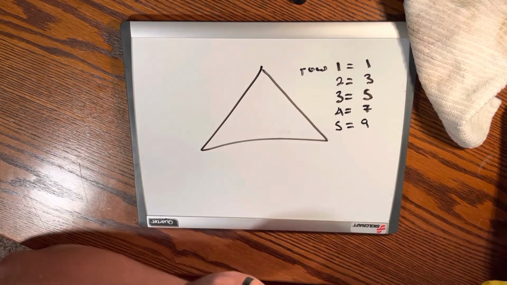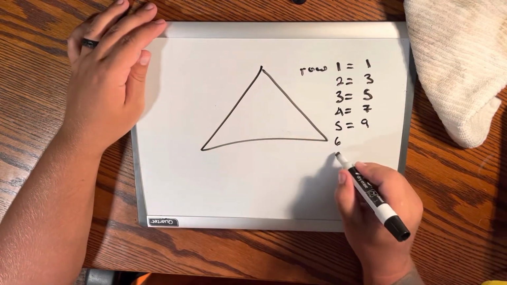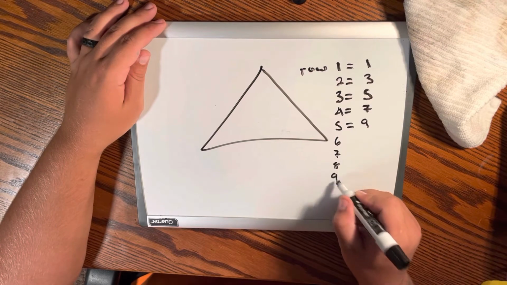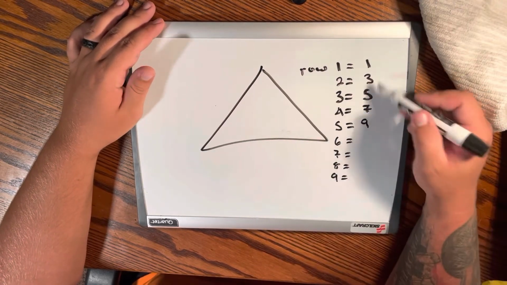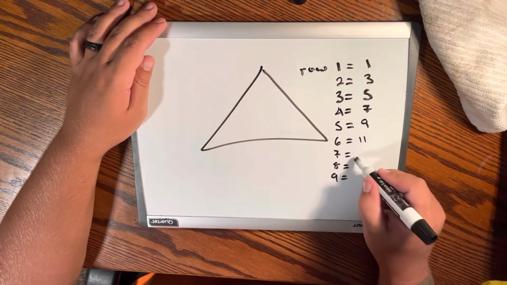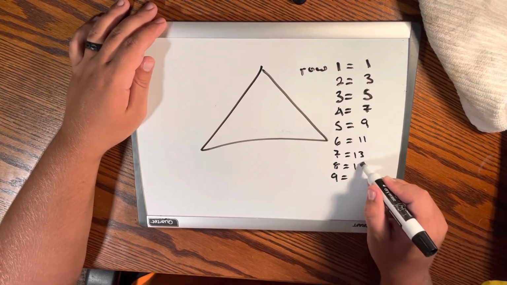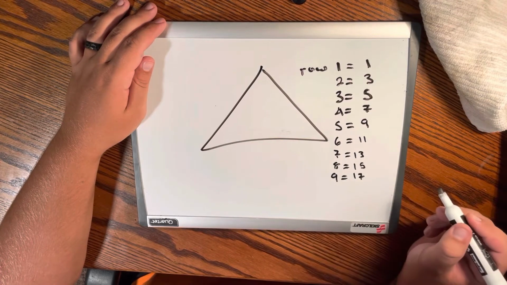So if we added 4 more rows, that would be 6, 7, 8, 9. What's the difference here? We're going up by 2. So you got 11, 13, 15, 17.